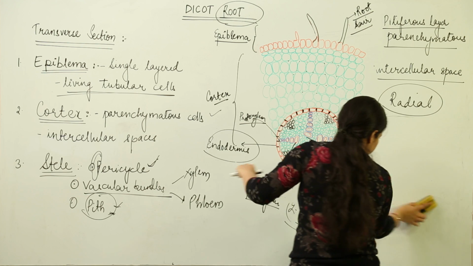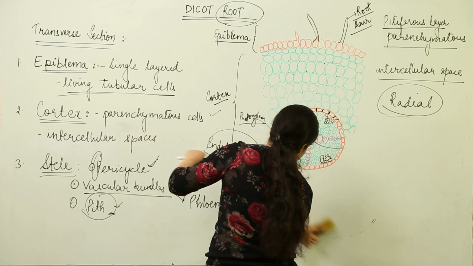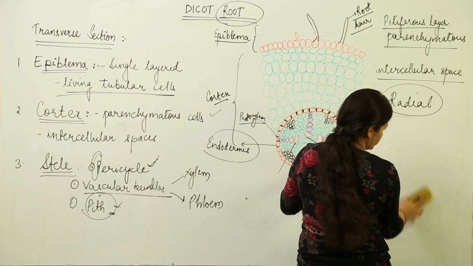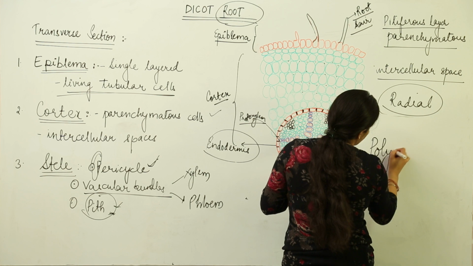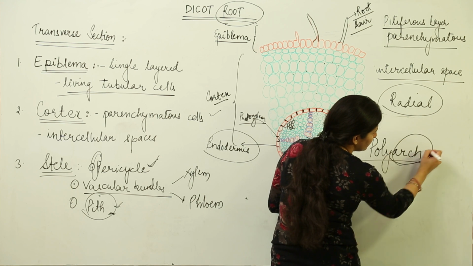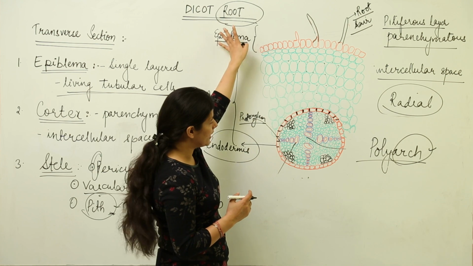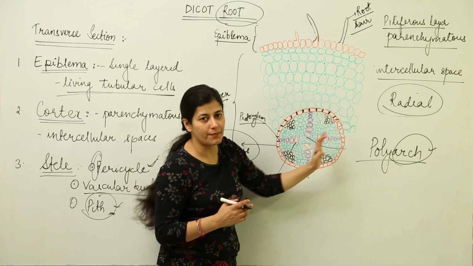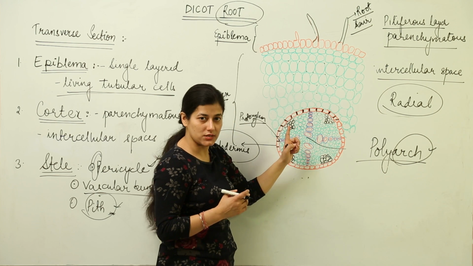Before I end the topic, I just want you to get introduced to another term, that is polyarch. Now as I told, endarch, exarch, this has something to do with vascular bundles only. As you can see, in the case of a dicot root, there are 4 pairs of vascular bundles: xylem, phloem, xylem, phloem, xylem, phloem, xylem, phloem. This is what you see.